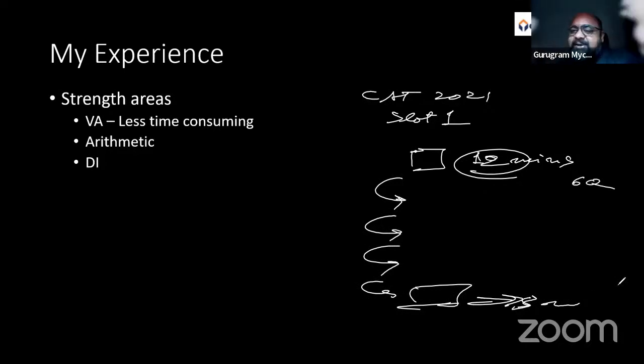So with that 18 marks, I would cross 90 percentile in the LRDI section for sure, right? So again, as I said, the core area for me in English was VA, arithmetic in maths, and DI in the LRDI section. So if the section bombed in the first half time or in the first 1/3 time, if I was not able to solve questions, I would then just start looking for my core areas.